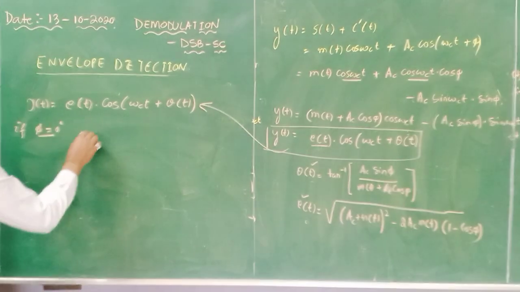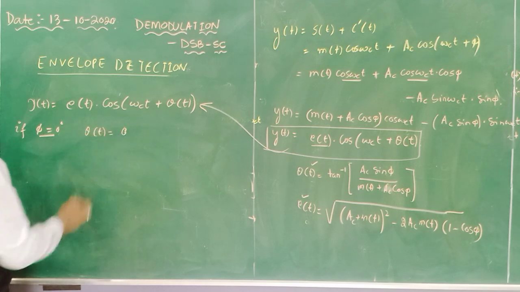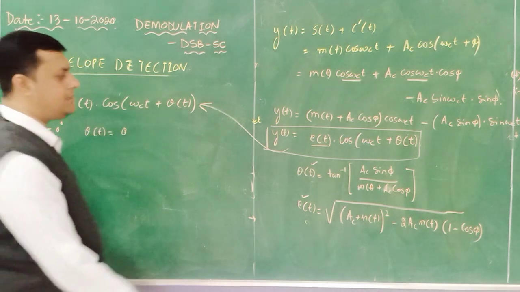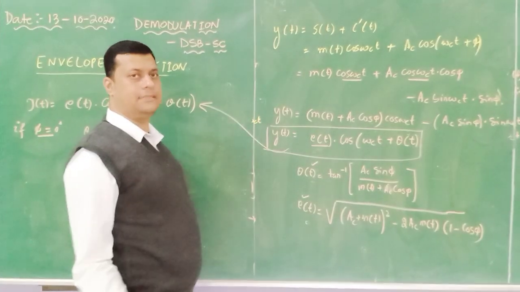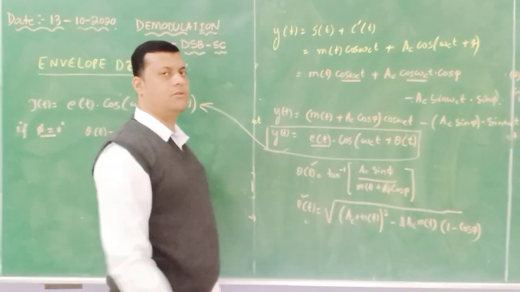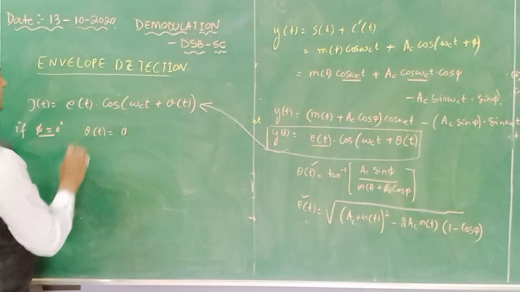So here I can say theta of t is equal to 0. How is it 0? As you can see, sin phi, so sin of 0 means 0. 0 by something is 0. Tan inverse of 0 is also 0 degrees. So theta of t is this one.